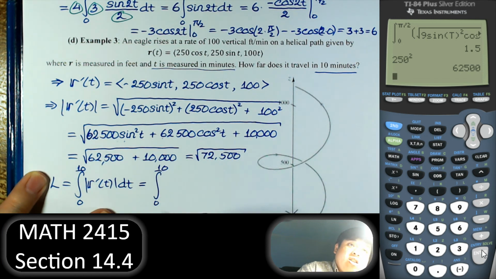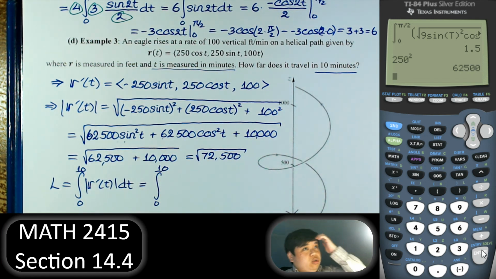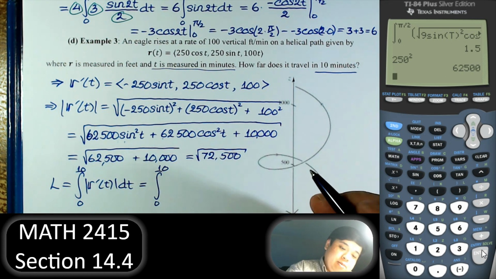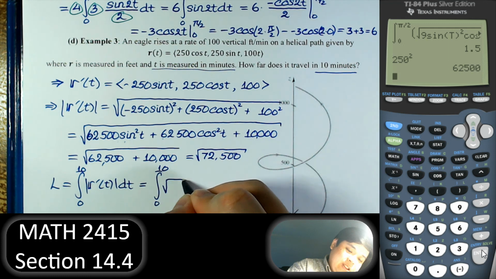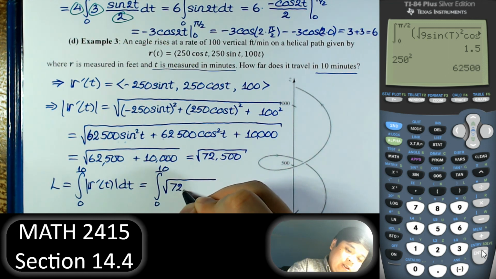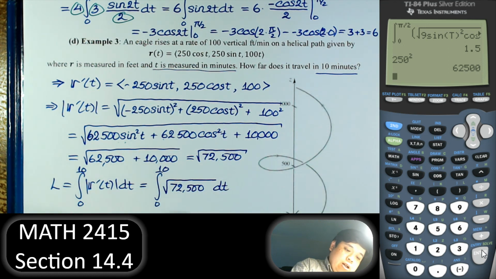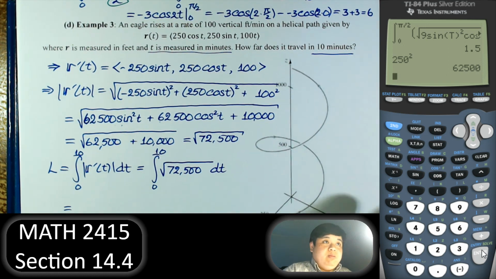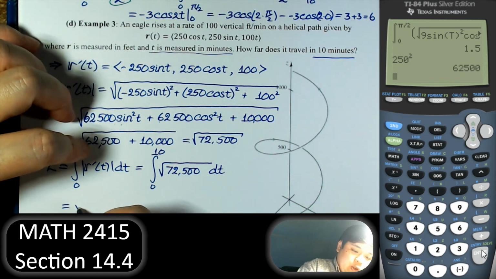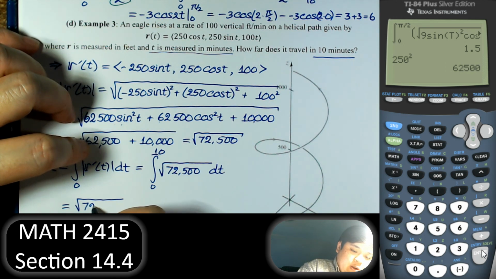The speed is constant though, so it doesn't matter if it goes from 0 to 10. It could be anywhere in the interval of 10 minutes because the speed is constant. Right, so that's simple enough, and we just have the square root of 72,500.